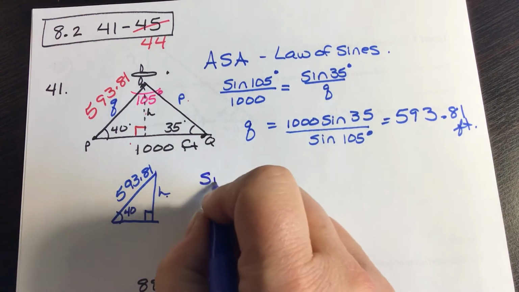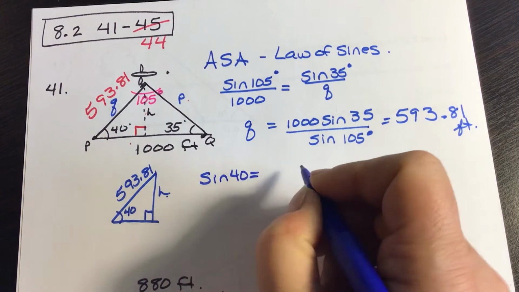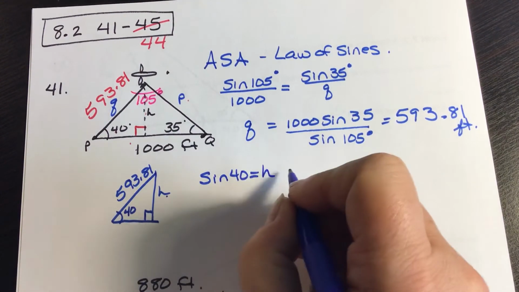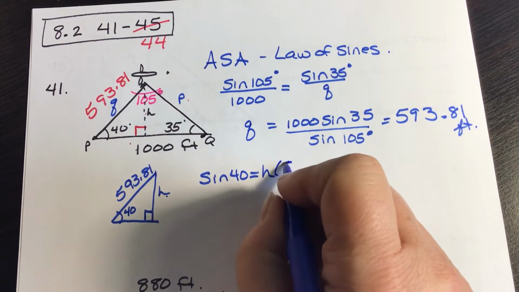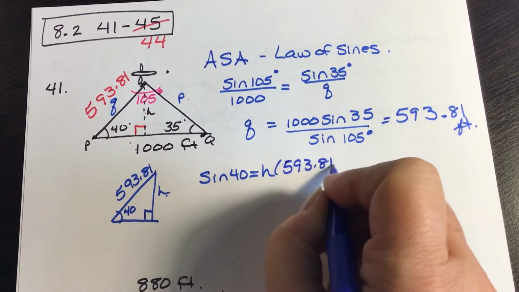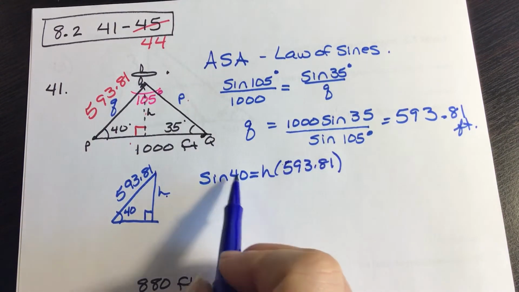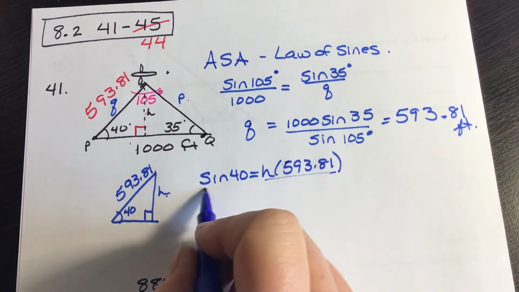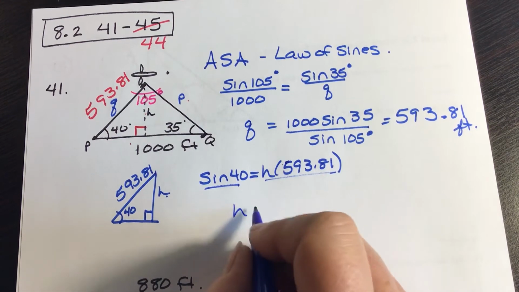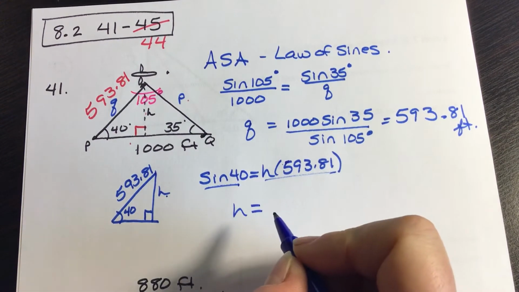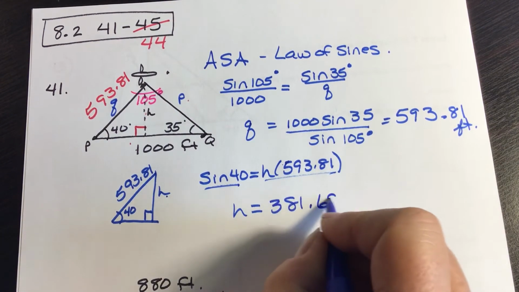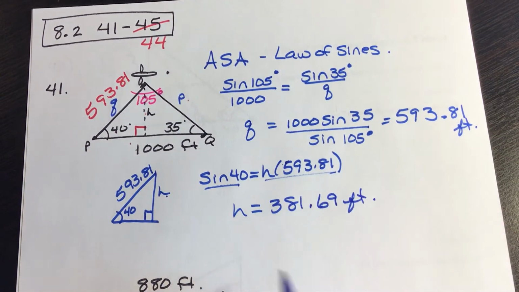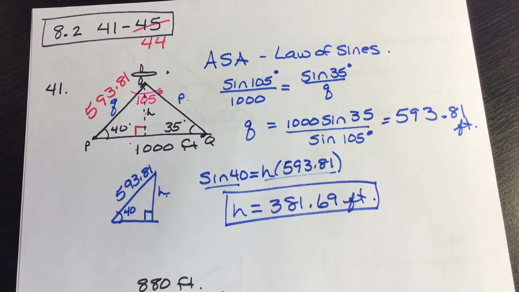So I can do sine 40 equals the side opposite, which is h, over the hypotenuse, which is 593.81. And if I multiply by 593.81 on both sides, I'm going to have my height is 381.69 feet. Okay, so that's what they're asking to find, this height.